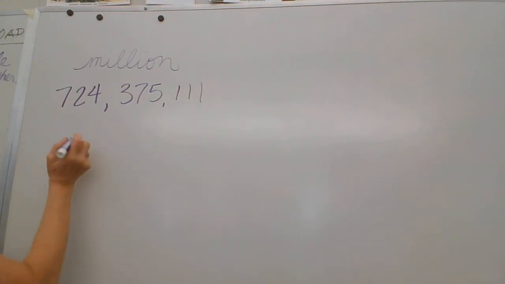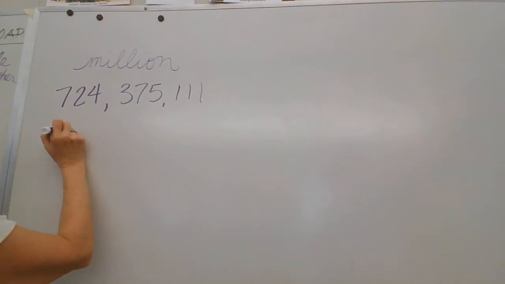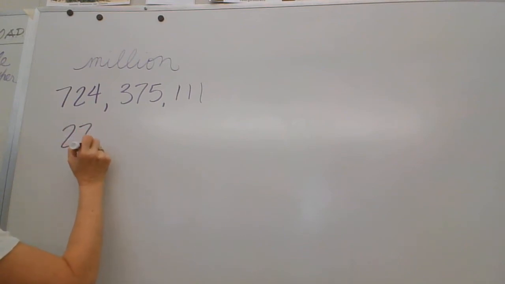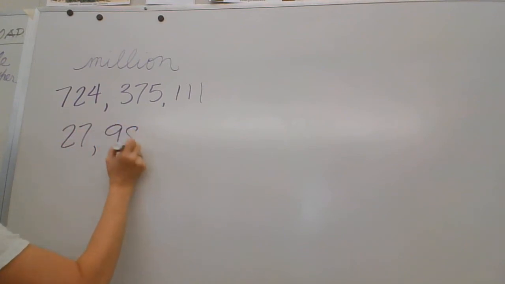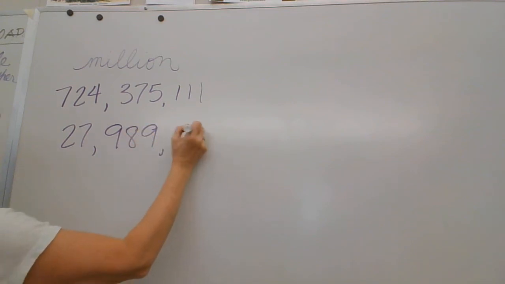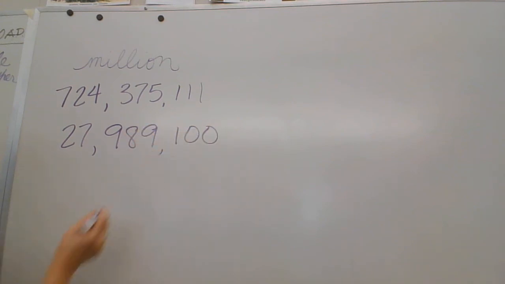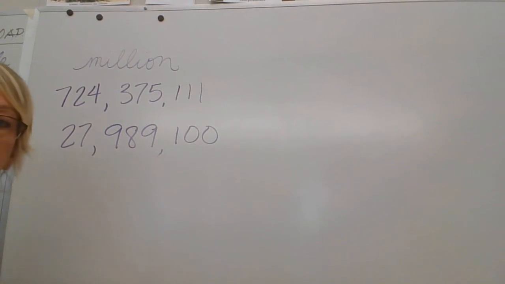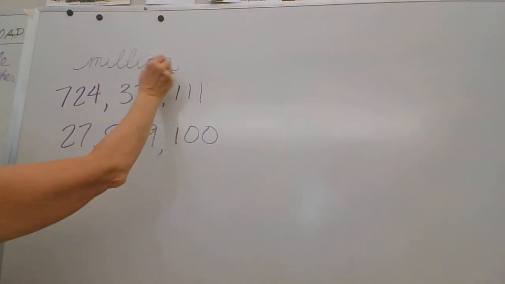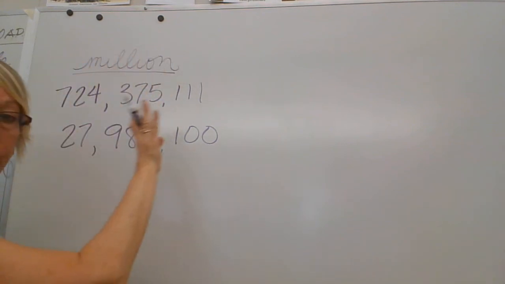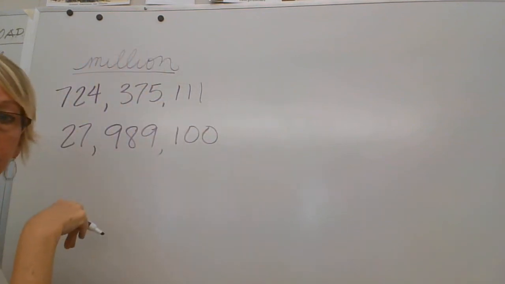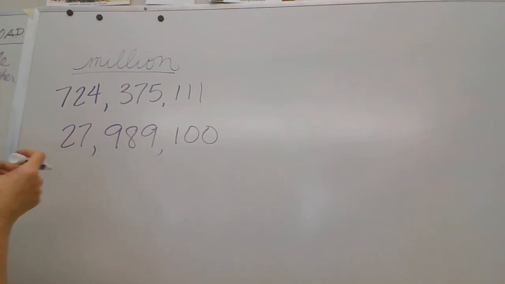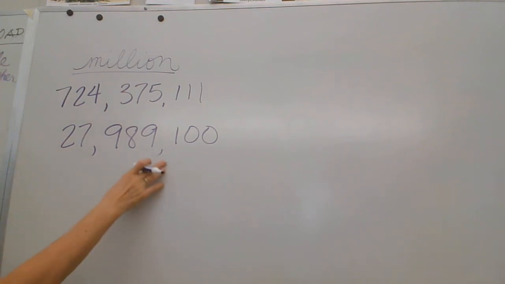Also this one. Remember, when you're rounding, you're going to the place value that I told you to round to, which is the millions place, and everything on that side of it turns to zeros. So you're going to get to the nearest million.